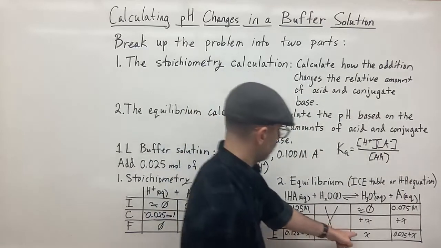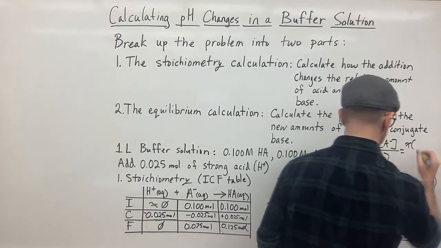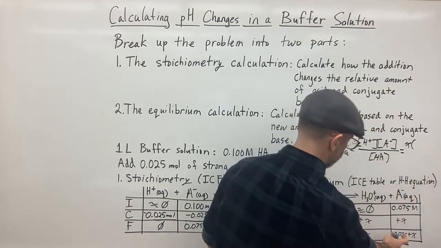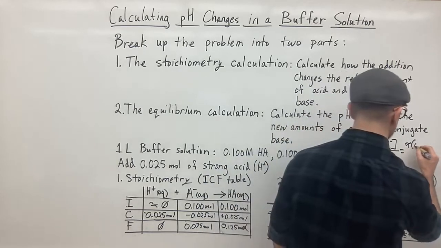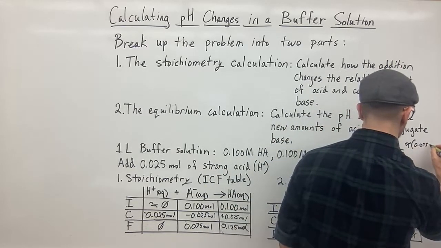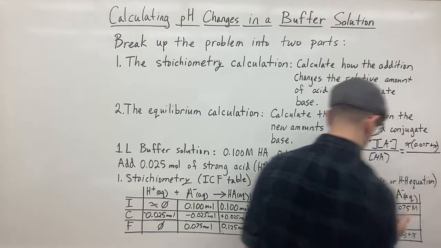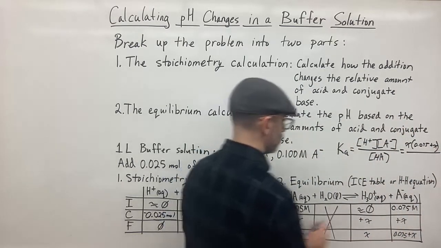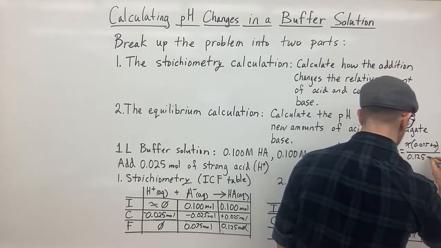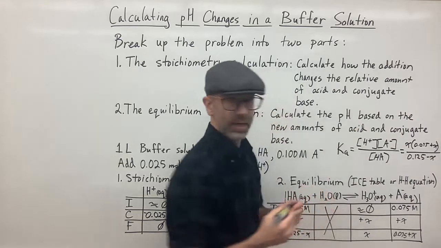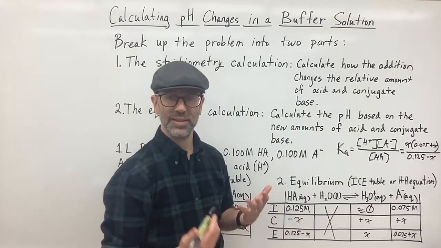And so this is going to be X times 0.075 plus X over 0.125 minus X. And then here we can assume the X is small.